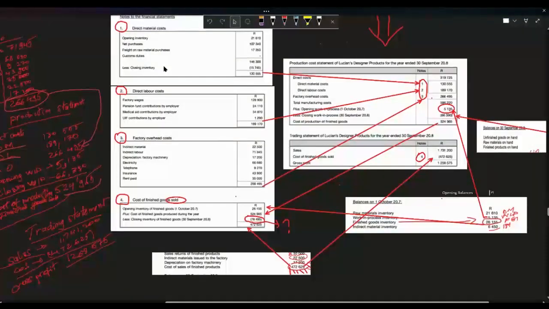This means that this is the cost of all the goods we've produced, but that does not mean that all the goods we've produced will be sold at the end of the year. I repeat, all the goods that we've produced does not necessarily mean that they are going to be sold at the end of the year.